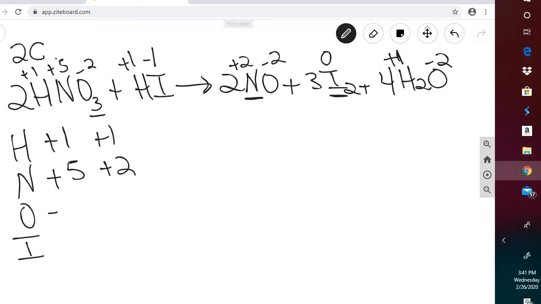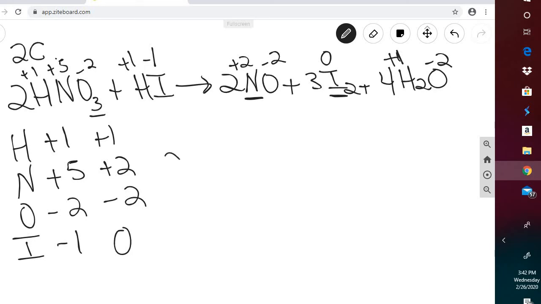The oxygen was -2 on the reactant side. It remained -2 on the product side. And the iodine went from -1 to 0. Okay, so the nitrogen and the iodine changed.